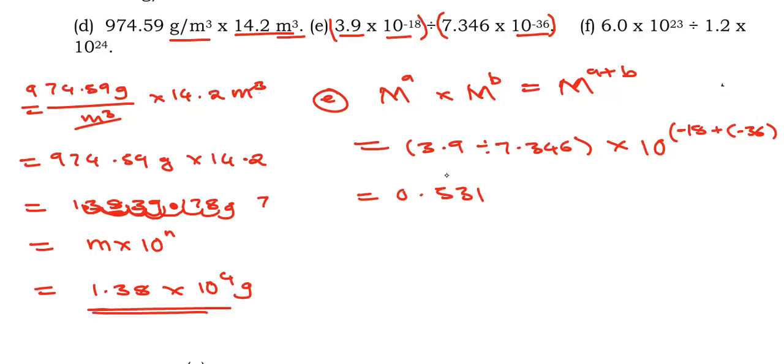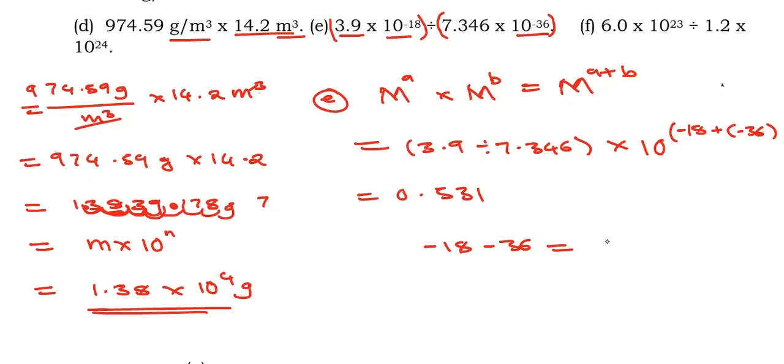Okay, now let's simplify what is in the brackets here. There we have negative 18 plus, since positive and minus, we are going to have minus 36 here. You need to know this. Okay, we have minus 36. That means our answer is going to be negative 18 minus 36. We are going to have a big answer.